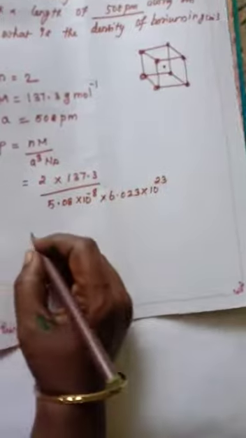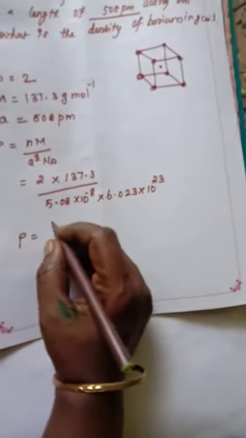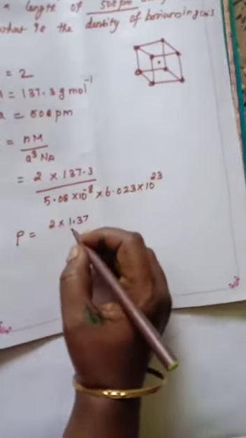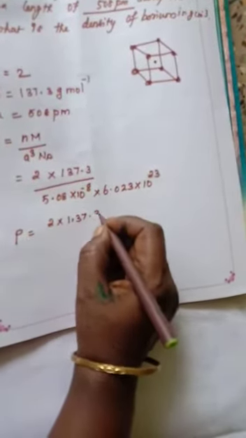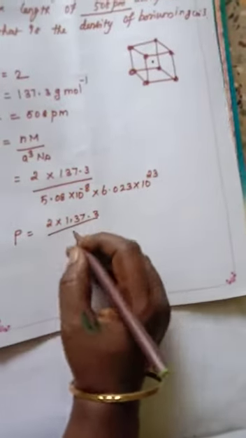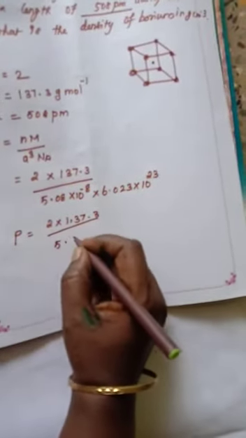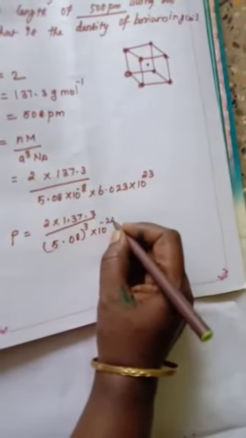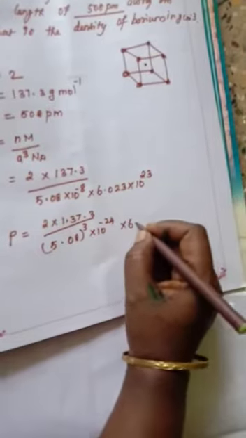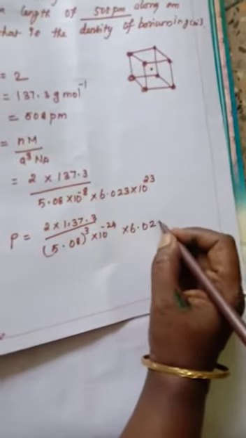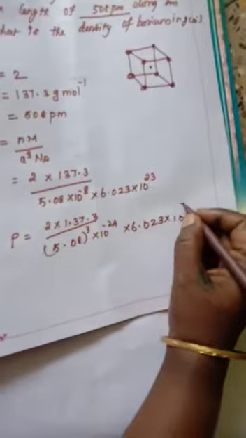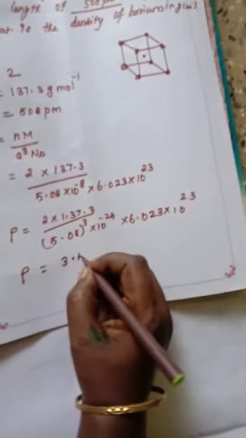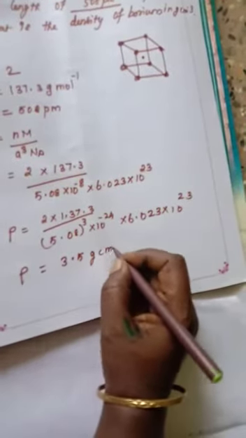So density is 2 into 137.3 divided by 5.08 power 3 into 10 power minus 24, and the Avogadro number value 6.023 into 10 power 23. The final answer you will get is 3.5 gram per centimeter cube.